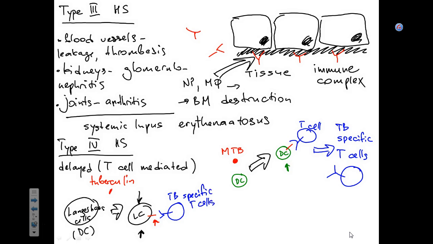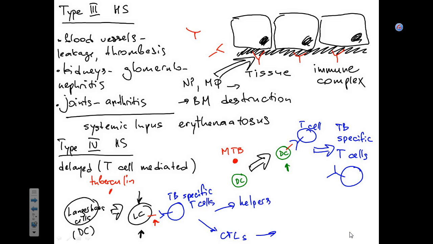Now, if you remember T cells, what can they do? There are two types of T cells, which are helper and killer. Okay, cytotoxic, yes. So you're gonna have CTLs and you're gonna have helpers.